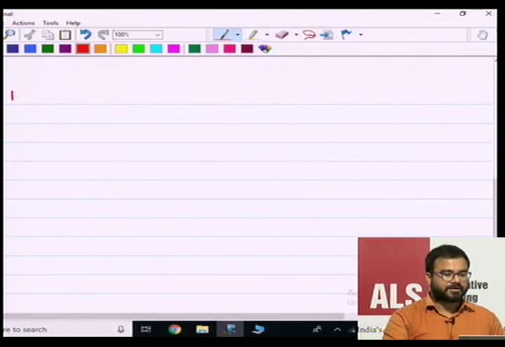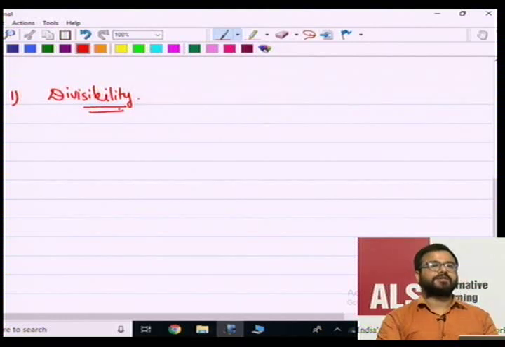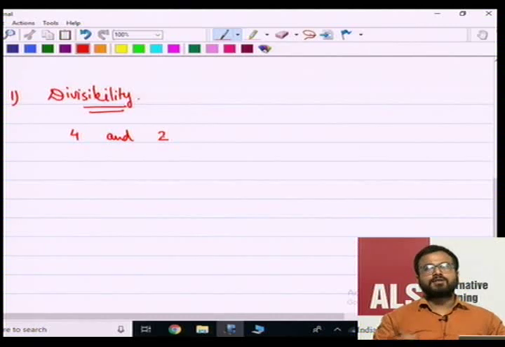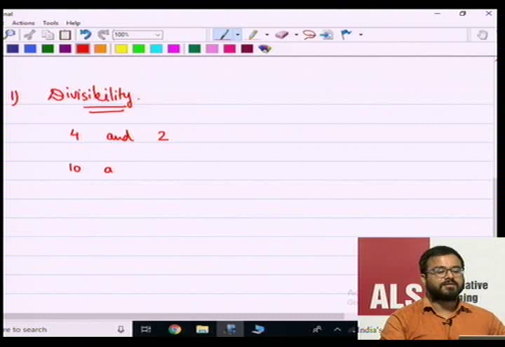Starting with the first part, which is known as divisibility. Divisibility means, suppose you have two numbers, let's say 4 and 2. You can say that 2 divides 4, and if you have 10 and 5, you will say 5 divides 10.